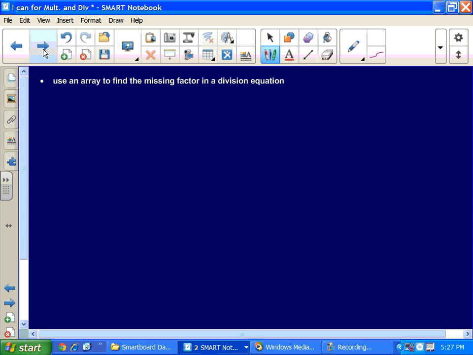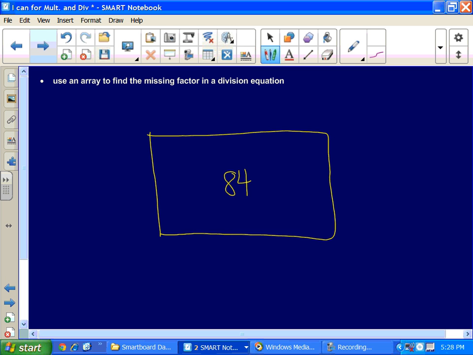Moving on, you should be able to use an array to find the missing factor. So if I give you the total for what's in the array, so if I said there were 84 in the array, and this side was 7, what would be the factor that would go with it?